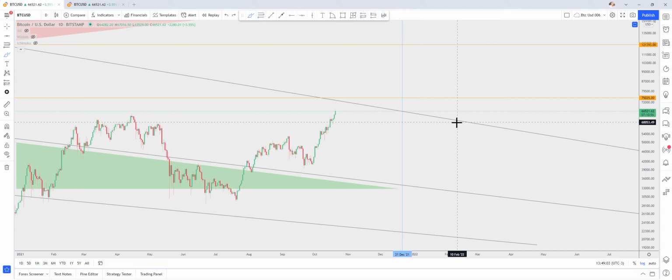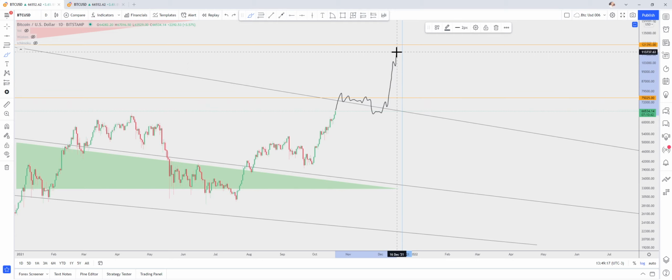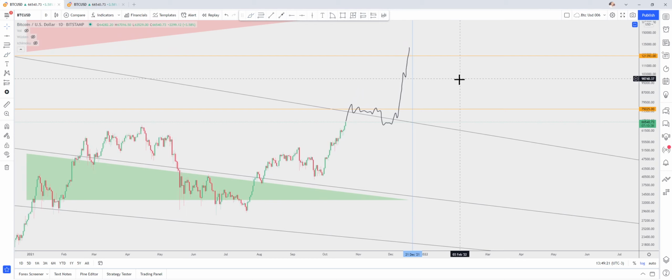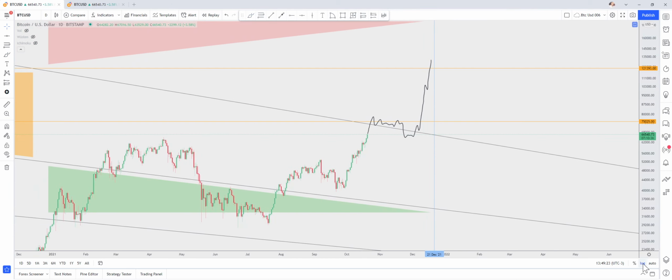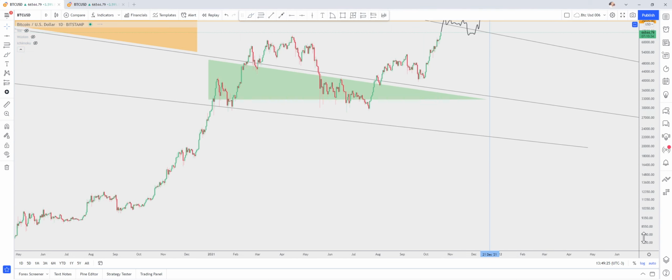But we will still be a bit far away from December, and this scenario seems plausible to me.